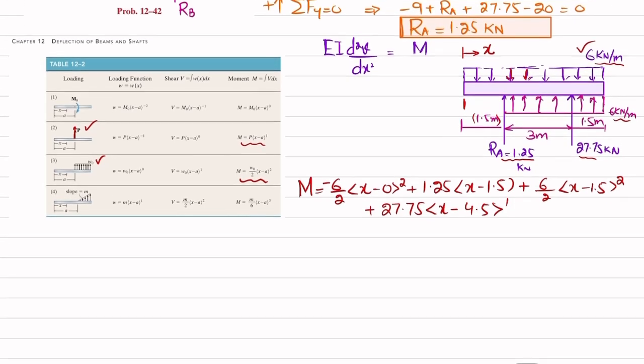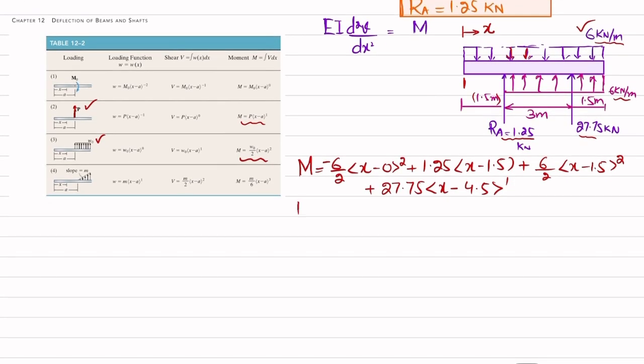Okay. So if you further simplify this moment equation, it will be equal to minus 3x square plus 1.25 times x minus 1.5 plus 3 into x minus 1.5 square plus 27.75 into x minus 4.5. Now put the value of M in this equation.